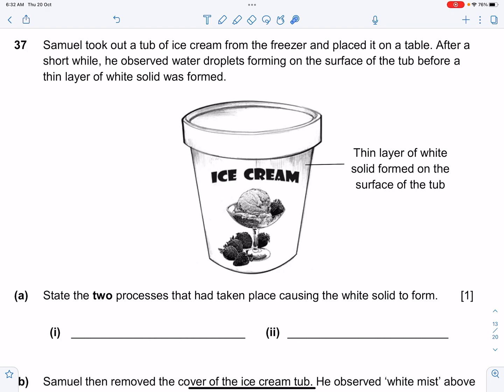You take out an ice cream and then what you see is some white frosting on the surface over here. I'm going to use blue. Now ask yourself, what does white remind you of? Ice, right? Like Frozen, let it go, it's white. So the white thing that you see is actually your ice.